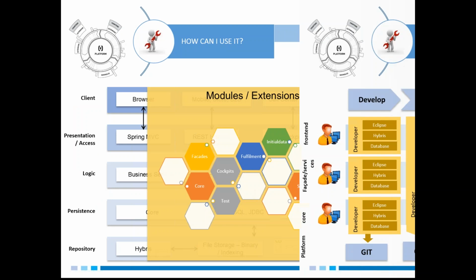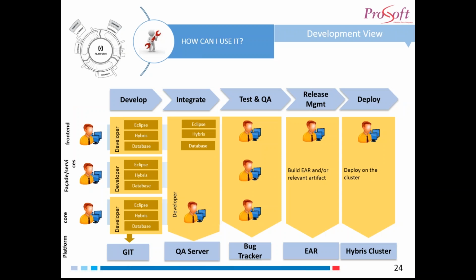Now let's see a development view. Follow this practice, as I said, there is a core, and so on. Make your groups in the same way, so that when you develop it, you make different groups and everything goes into it. Here it's version control, which I somehow love. So everything is going into the repository. When we go for integration testing, we put it on a QA server, we test, and there is a bug tracker, I find some issues, and go back in a cycle.